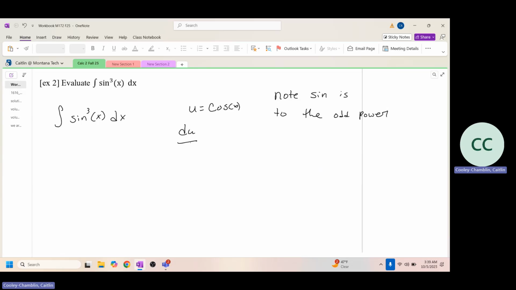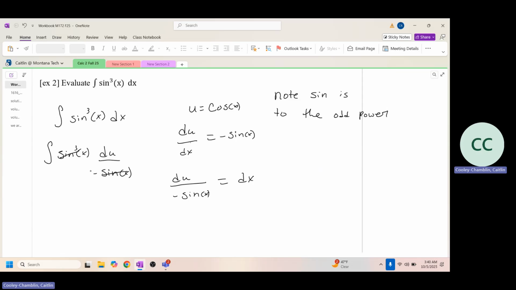du over dx, the derivative of cosine, is negative sine. So du over negative sine of x equals dx. Bear with me, this is pretty cool. So I get sine cubed of x du over negative sine of x.